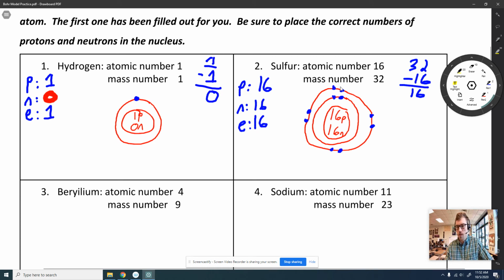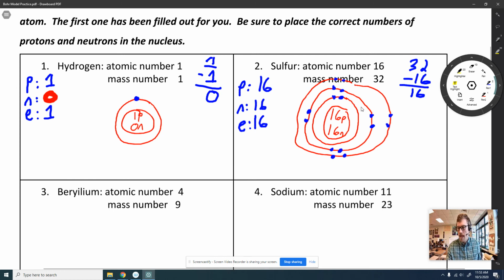So here we have 10 electrons that we've already drawn. So we're going to come to our final third energy level, and I've already used 10. There's a total of 16, so therefore I'm going to be adding on 6 more. 1, 2, 3, 4, 5, and 6. So that is 16 electrons, 16 protons, 16 neutrons. That is all that we need to have here for our Bohr models.